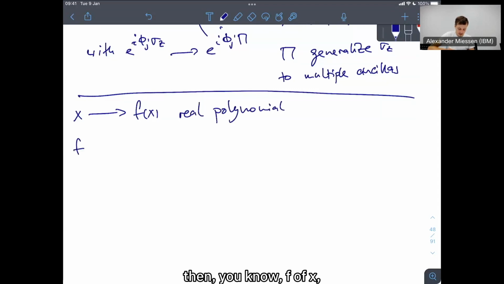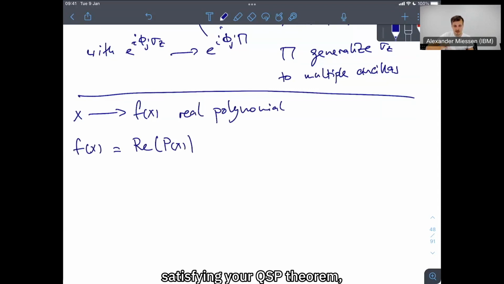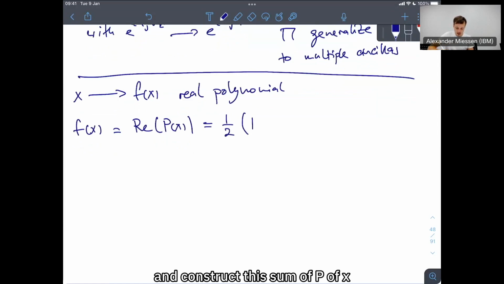Then you can represent f of x as the real part of some polynomial satisfying your QSP theorem, and construct this sum of p of x plus its complex conjugate.